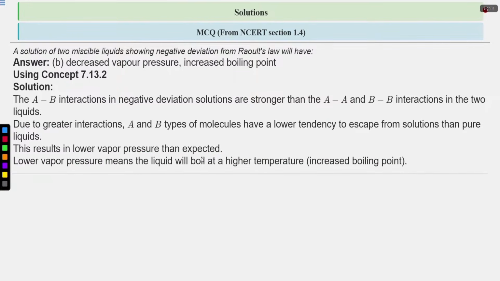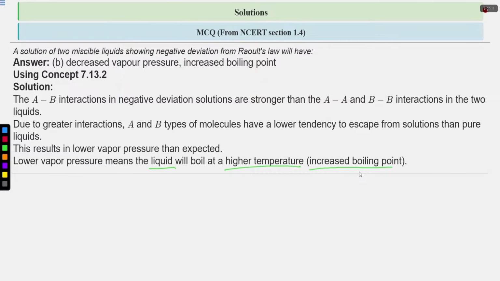Lower vapor pressure means the liquid will boil at a higher temperature. That means the boiling point has increased. You have to provide more temperature to convert the molecules to the vapor phase and help them escape from the solution.